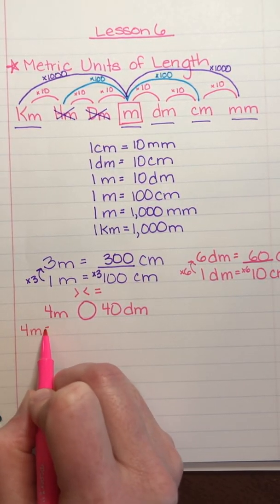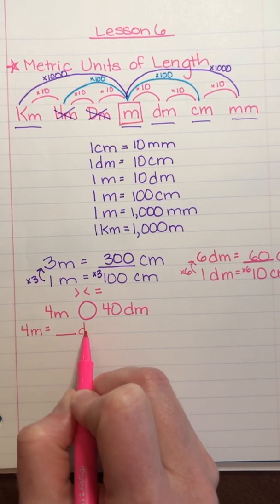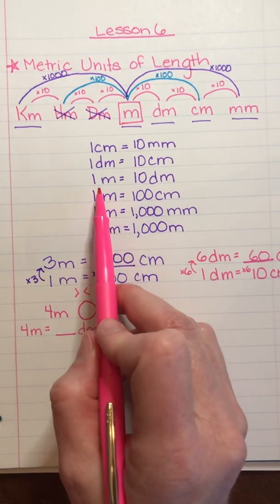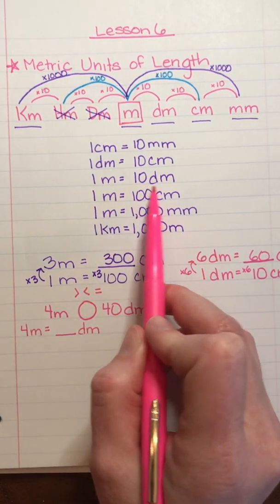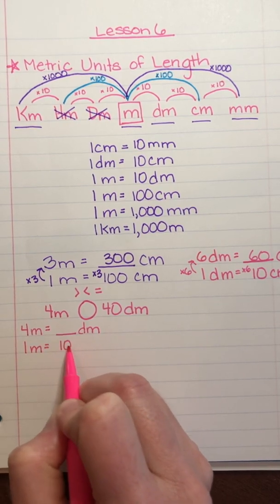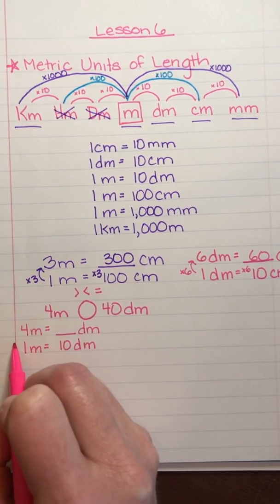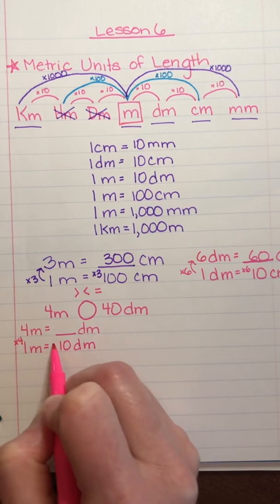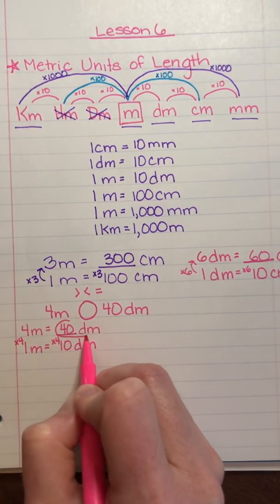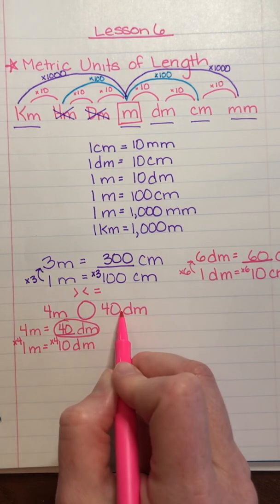So I like to take the larger one and convert that. So I'm going to take my 4 meters and change it to decimeters. Okay, so we know based on our chart, 1 meter is equal to 10 decimeters. And we do times 4 and times 4, and we get 40. So we've got 40 decimeters compared to 40 decimeters.